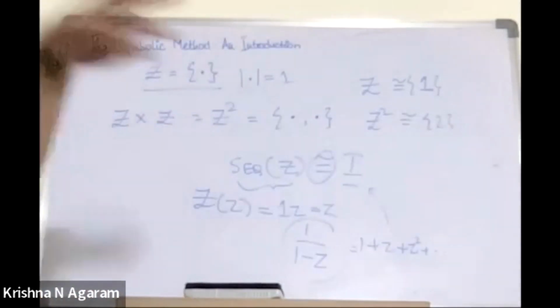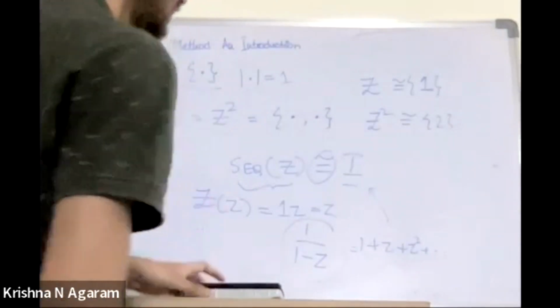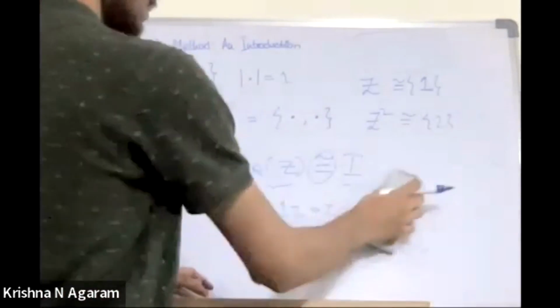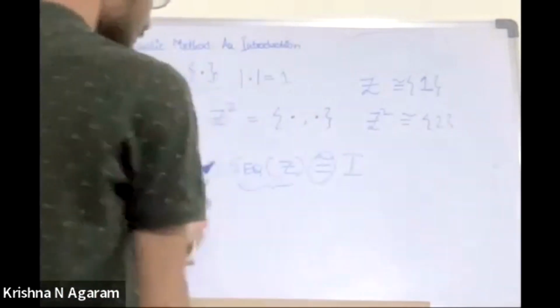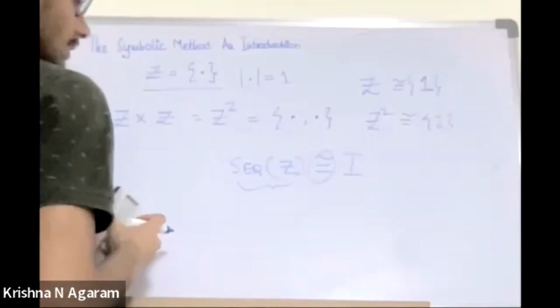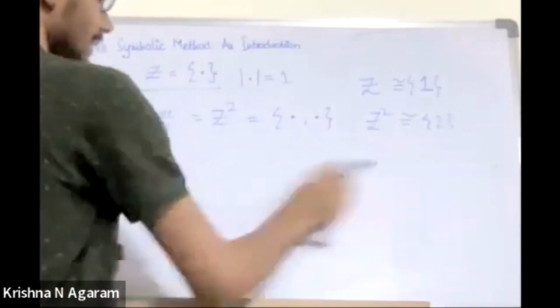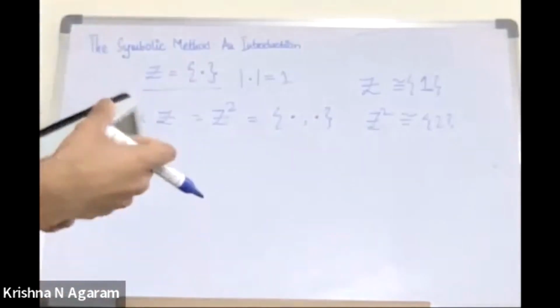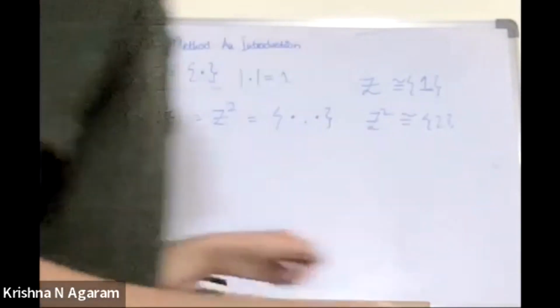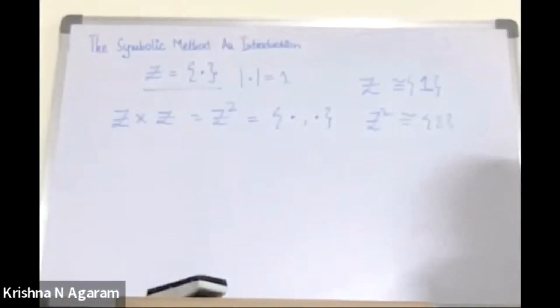It's the same as the generating function of that. So if the generating functions are equal, every term is equal, and so they're isomorphic. Just from using this and our operations, you can define the set of integers.